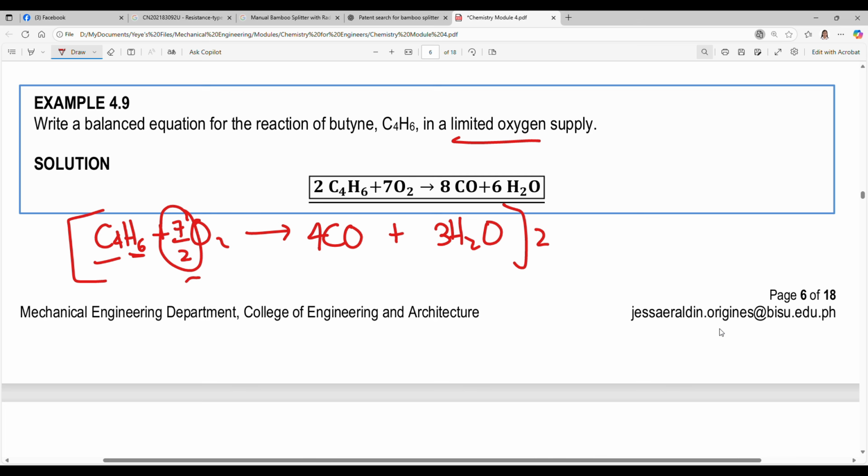This will become C4H6 plus 7O2 will yield 8CO plus 6H2O, since 3 times 2 is 6. So, the equation is now balanced.